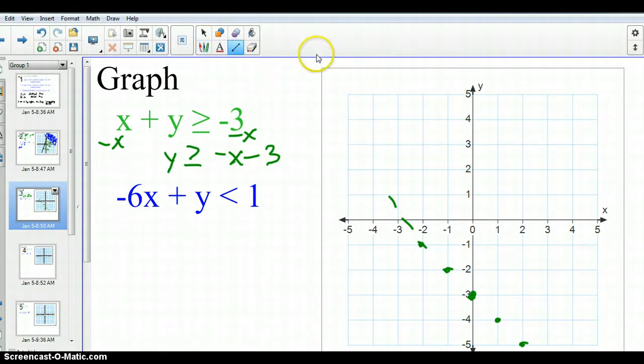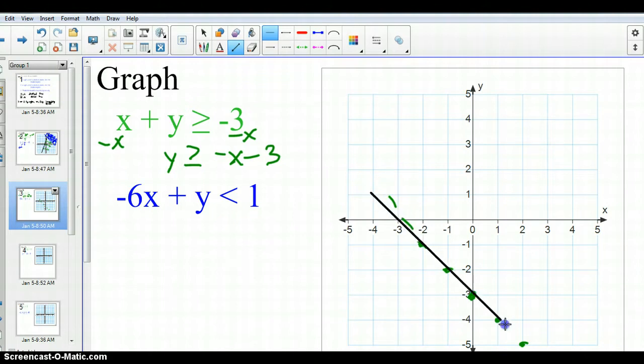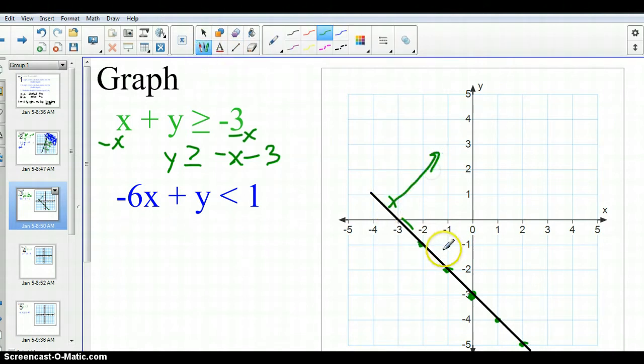So I'll put a solid line in there. Now I just have to figure out which way to shade it. It's greater than, so we want numbers that are greater than it, so above this line.